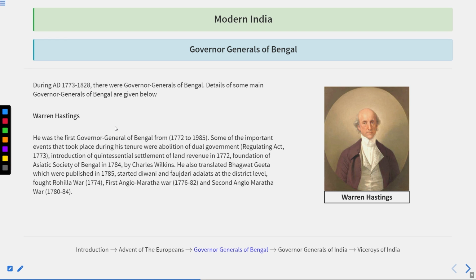After the advent of Europeans, how did they come? How did they organize themselves? What areas had they occupied? Now we have to discuss the Governor Generals of Bengal.